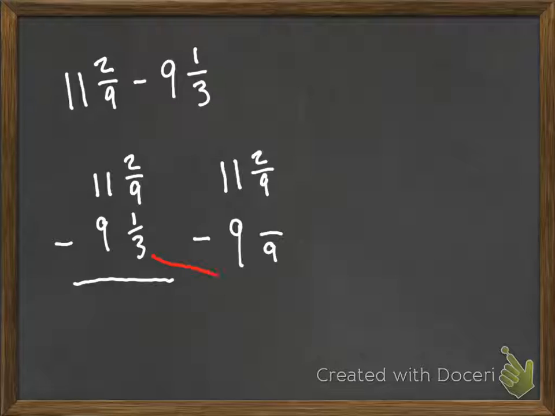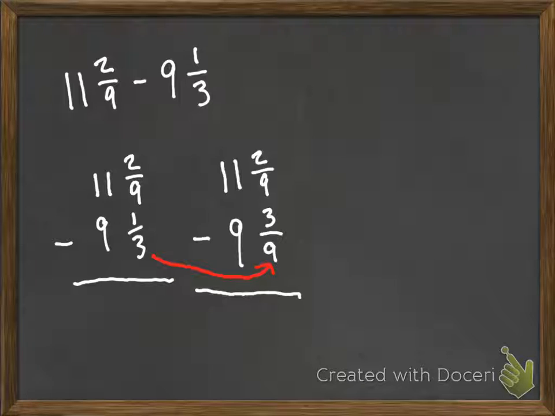We multiplied our denominator by 3, and that got us to 9. 3 times 3 is 9. So we want to do the same to the numerator. 1 times 3 is going to be 3. So the new equation that we're going to be working with, which is equivalent to the first one, is 11 and 2/9 minus 9 and 3/9.